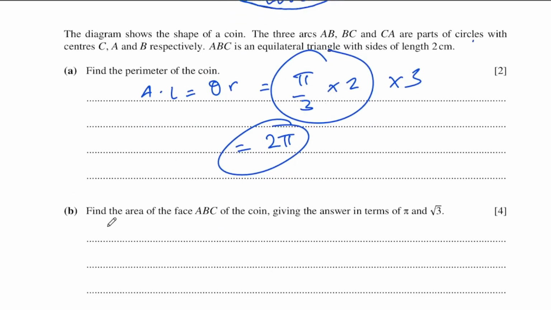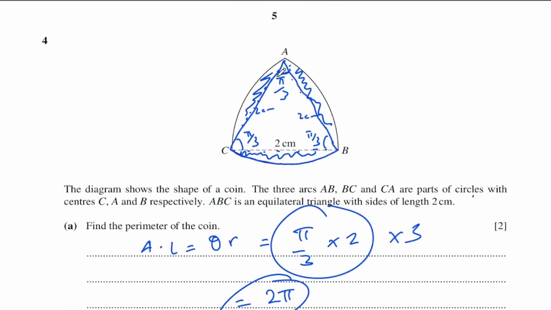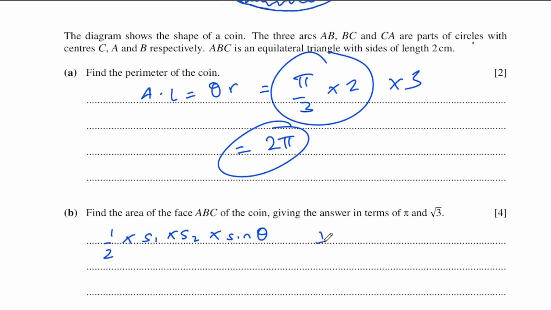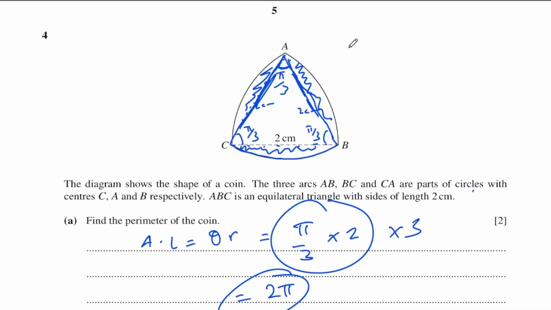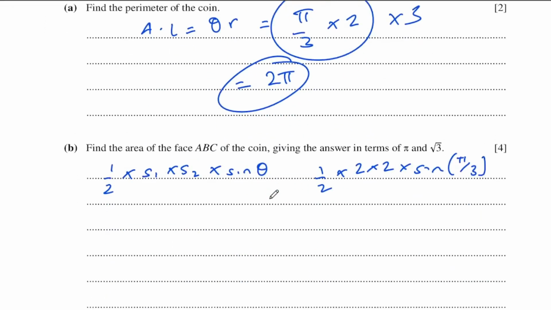For the triangle, we're going to do half times side 1 times side 2 times sine theta. So side 1, this part here, side 2, and the angle in between them. So half times 2 times 2 times sine pi over 3. And that's going to give us the area of the triangle. For the area of the bigger sector, so this entire thing, including that triangle in the middle, it is just half r squared theta.